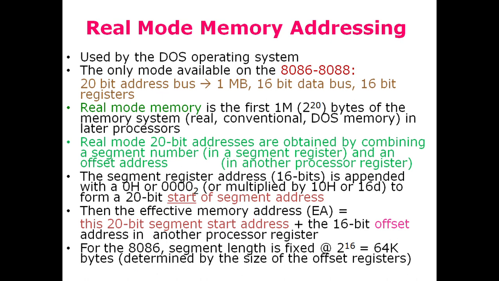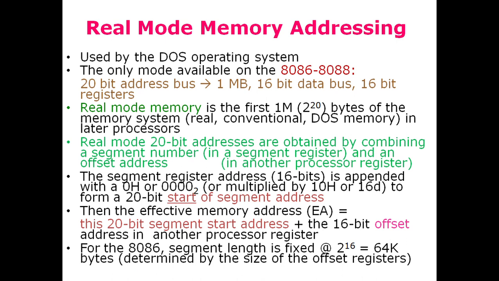In other words, it is equivalent to multiplying the value in the segment register by the decimal value 16. As a result, there would be a 20-bit address, which is the starting address of the segment.